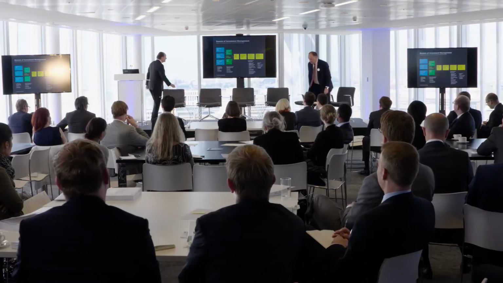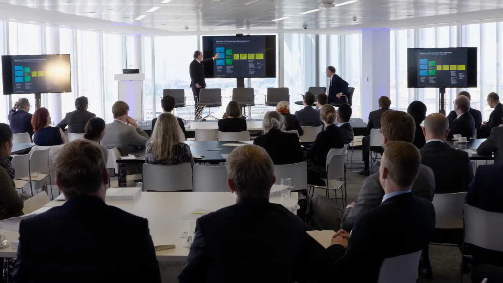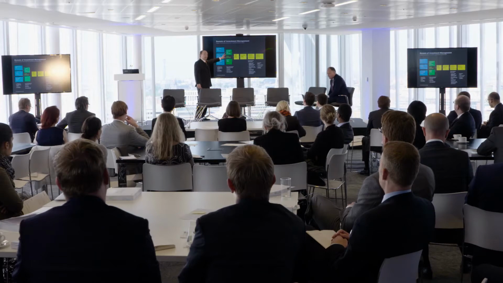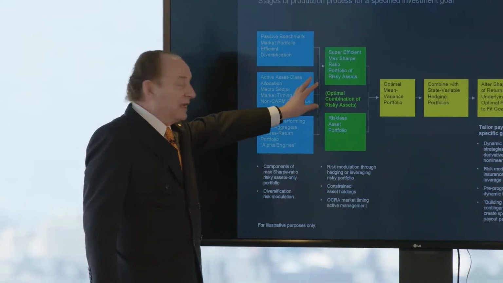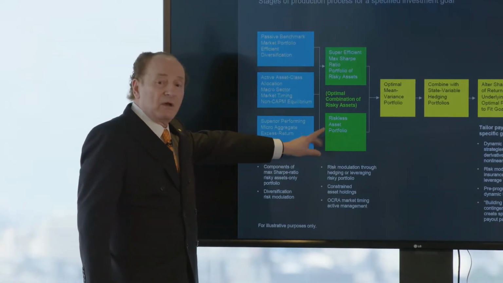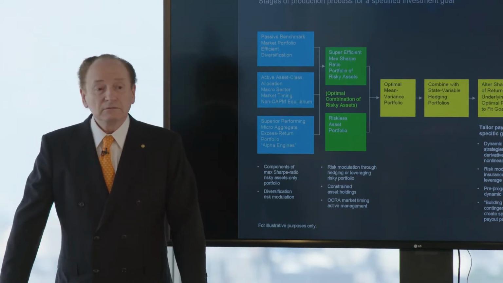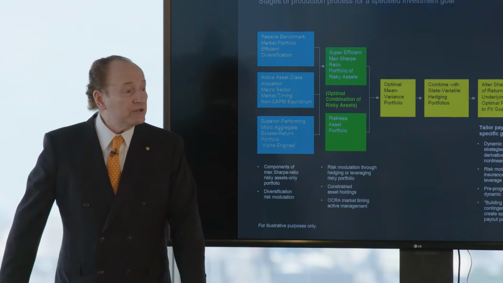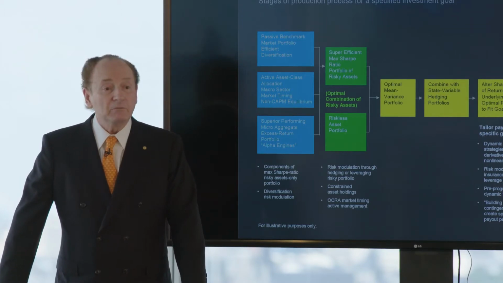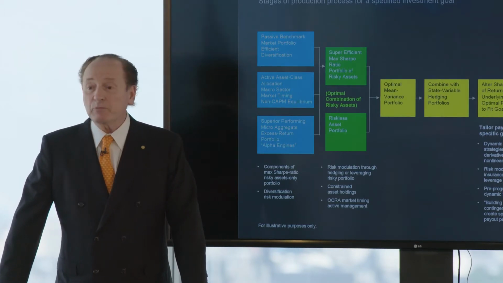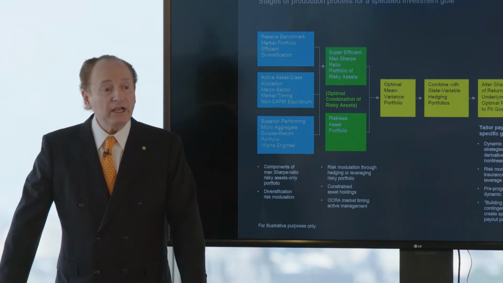So if you look here, this is the super efficient maximum Sharpe ratio optimal combination of risky assets. There's the risk-free asset. By the way, the risk-free asset is very goal-dependent. Clearly, the risk-free asset for a pension fund is a very long-dated bond, which has great price volatility but income stability.